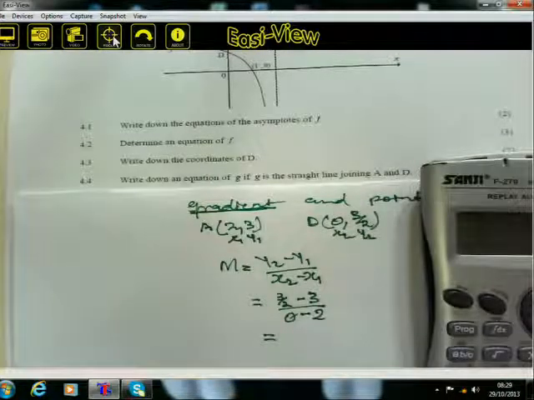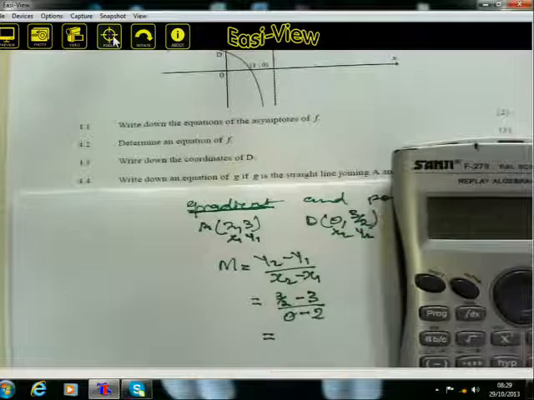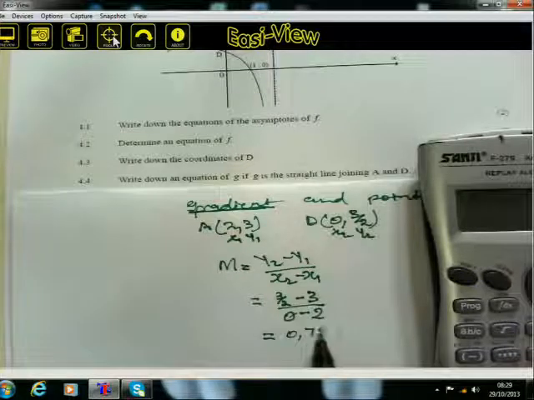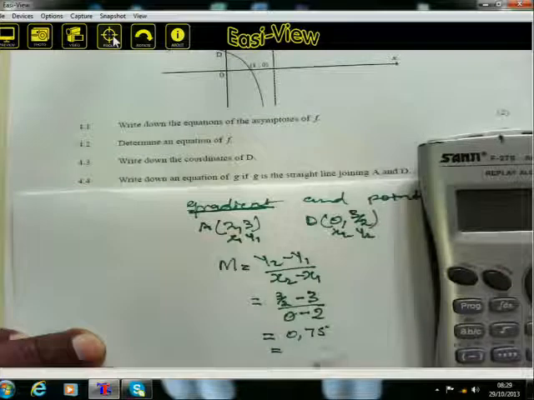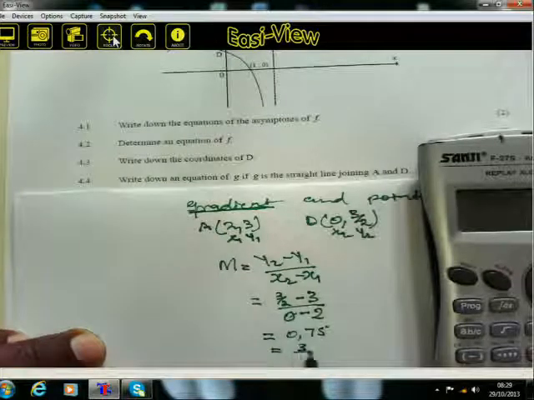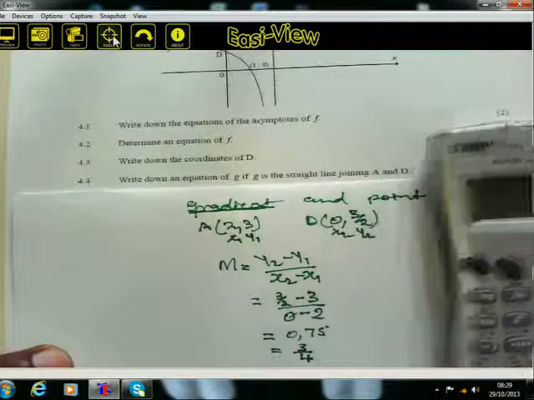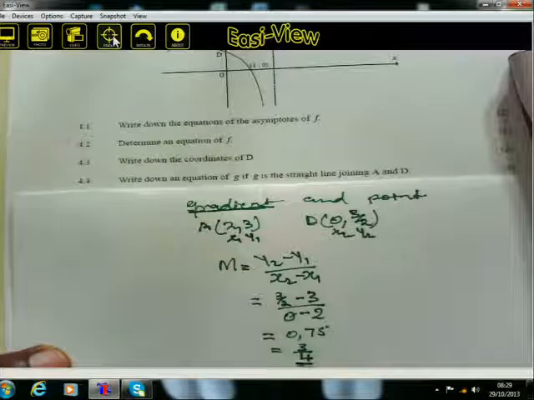And then you divide by negative 2. The answer is 0.75. Remember, our calculators are so clever that they can write this in fraction form. 0.75 is 3 over 4. Okay. Now we have our gradient.